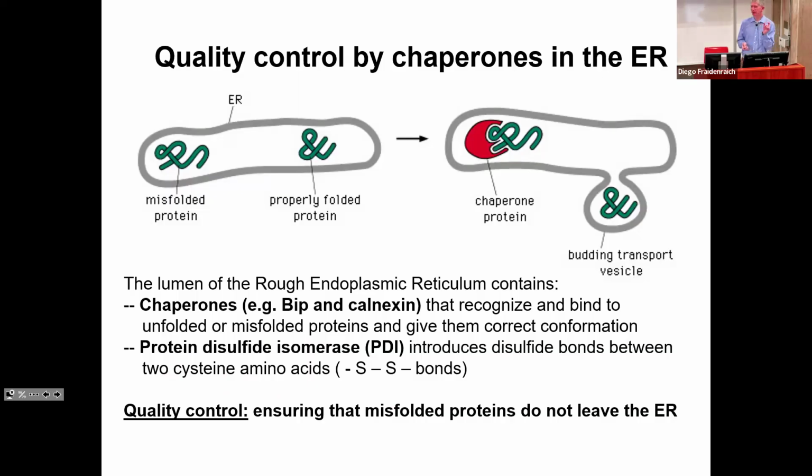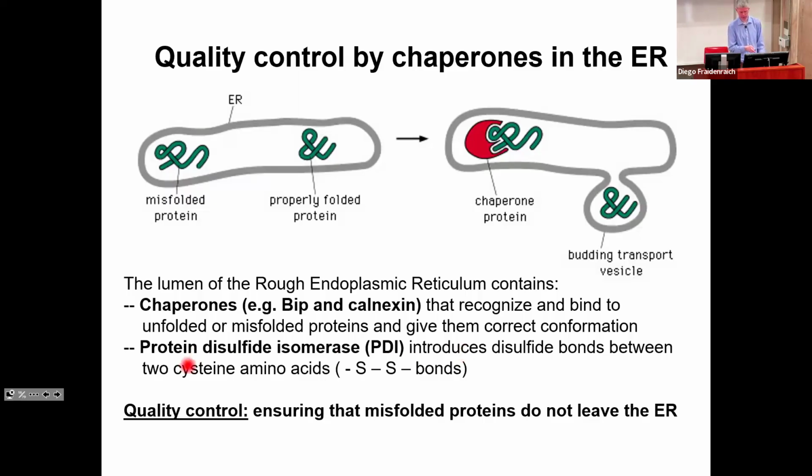SH group, and in this process, there could be two cysteine amino acids which are far apart. For example, a protein may form a loop, but at the contact site, these cysteines will interact and will form this disulfide bond. So this helps to make the protein more stable and create a certain structure.